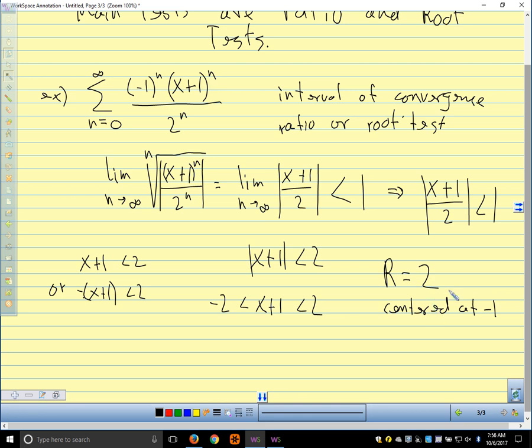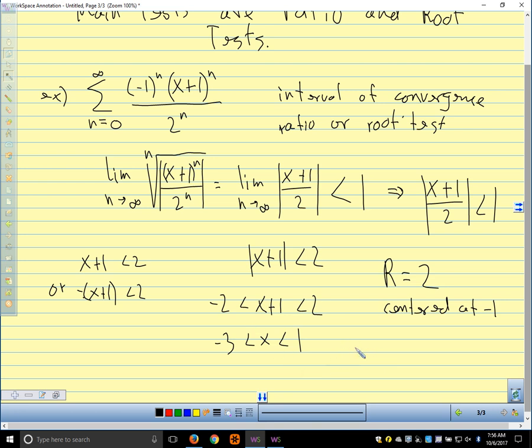So our radius is 2 and we're centered at -1. So what's our interval? -3 less than x less than 1.